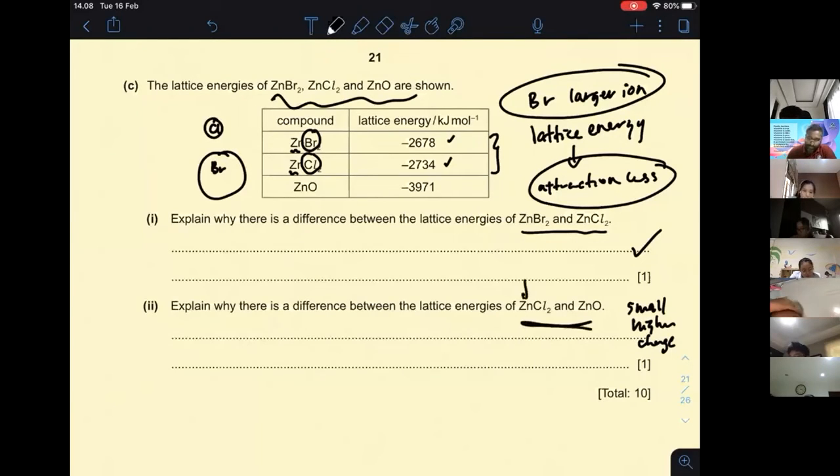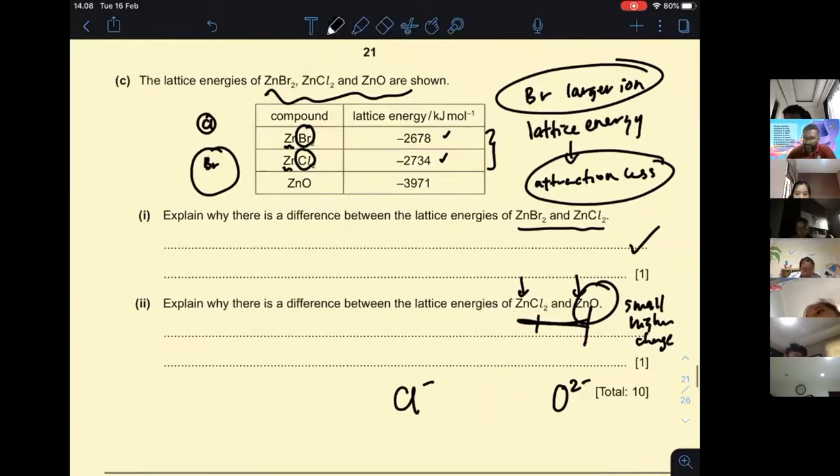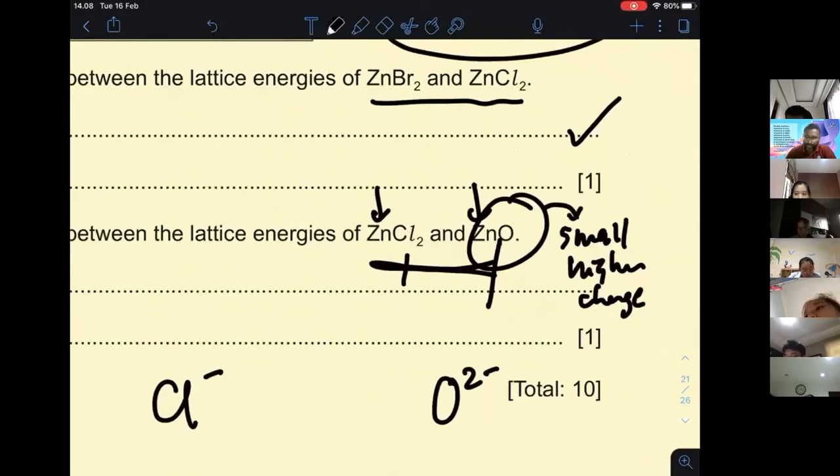Explain why there is a difference between these two then. Now zinc 2 plus is the same, but you see here Cl and O. Cl is Cl minus, O is 2 minus. The charge is more. How about the size? When we look at the size, oxygen in comparison to Cl is smaller, a smaller ionic radius. So here I will say for zinc oxide, the O2 minus is small and has a higher charge.